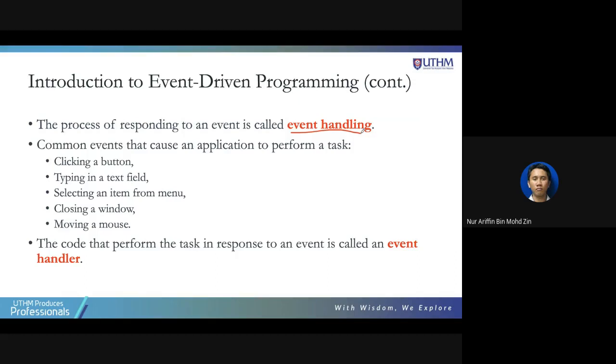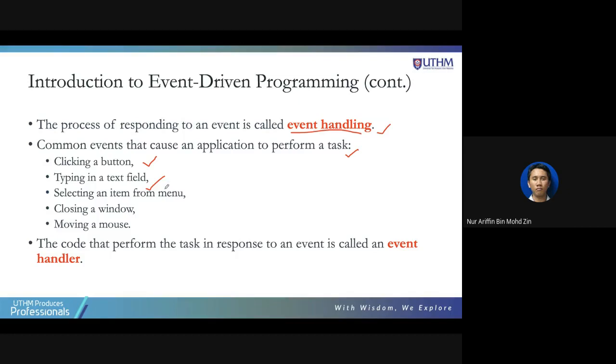This is just theory or terms. Don't worry, you don't need to memorize all of this. Common events that cause an application to perform a task include clicking a button. These are types of events that can be created using event-driven programming. For example, when we click a button, something happens. When we type in a text field, it will pop up a message.